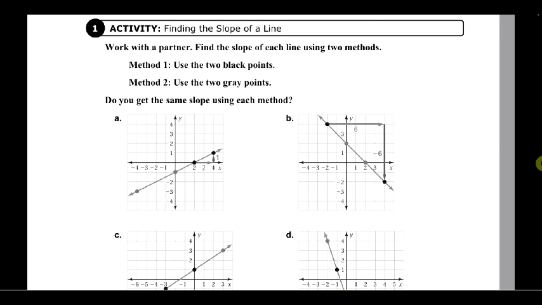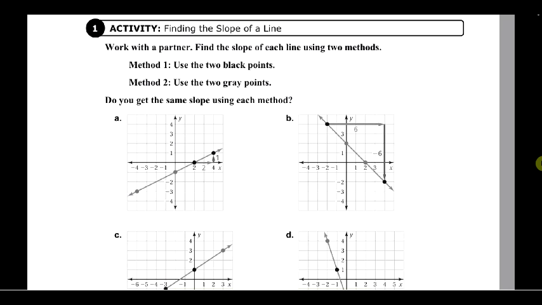So let's work here to find the slope of these lines in order for us to describe them. So there's 2 black points that they're going to be referencing and 2 gray points. So if you see the black points here, they do the first one, so actually it looks like they'll do one of them for us just to sort of get us started. And we have the change in y over the change in x.